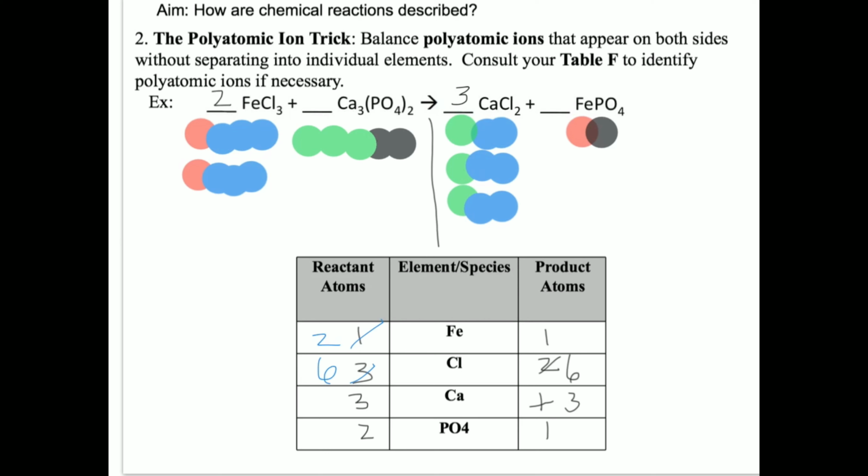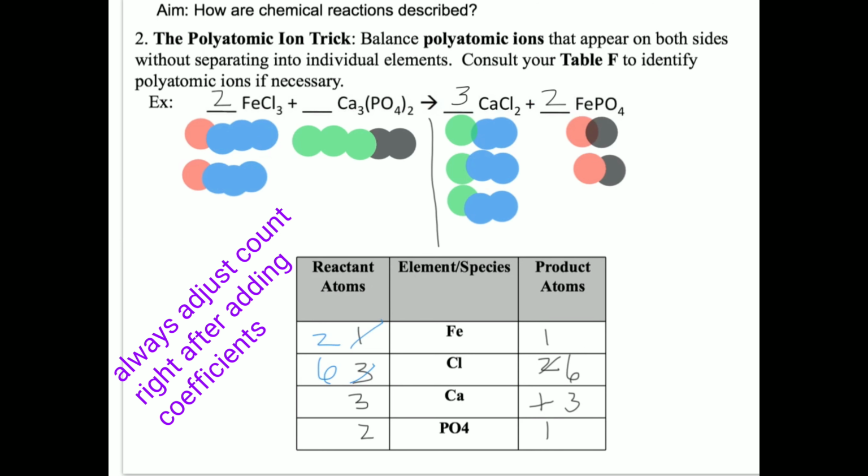Notice that my irons and my phosphates are now out of balance. To correct my irons, I'm going to add a coefficient of 2 to the iron on the product side. This coefficient will mean that I now have 2 irons and also 2 phosphates. Now my equation is perfectly balanced.